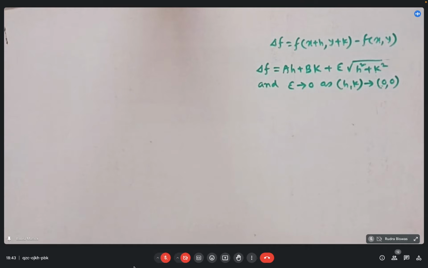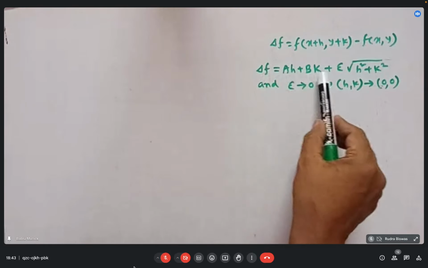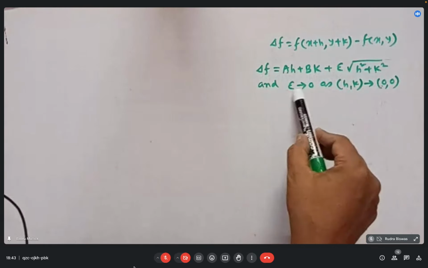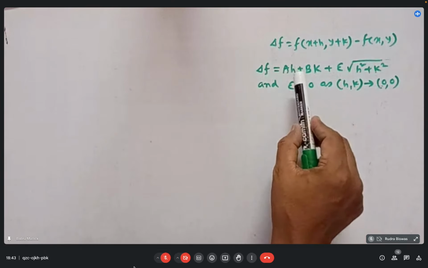Okay, see, so that means if we can express delta f in this way and epsilon tends to 0, then we shall say that f is differentiable.